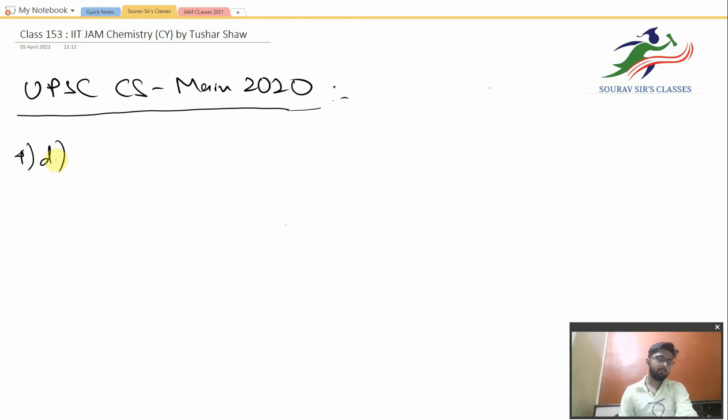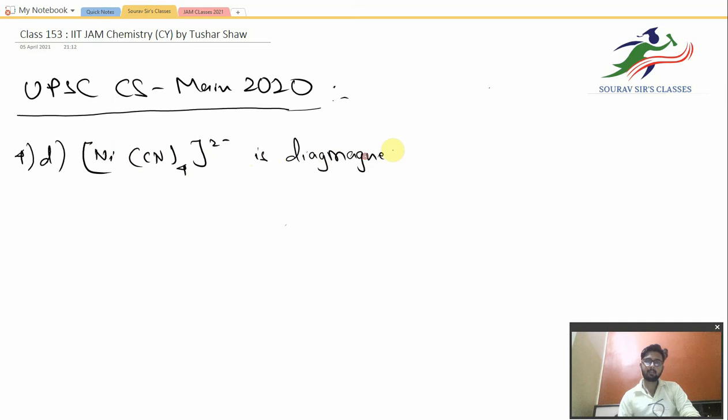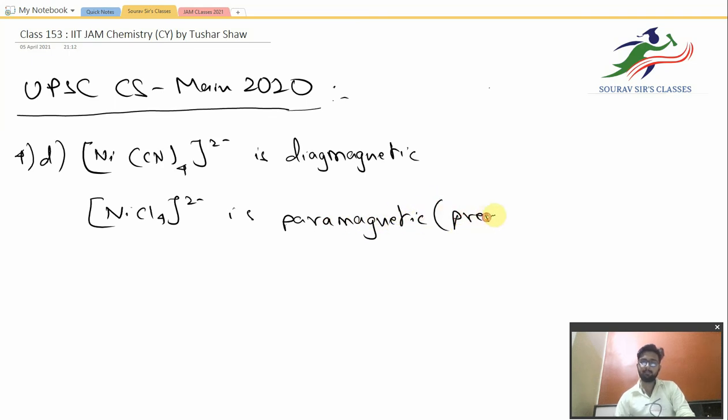Question number 4D says that the complex [Ni(CN)4]2- is diamagnetic and [NiCl4]2- is paramagnetic, that is because of the presence of unpaired electrons.